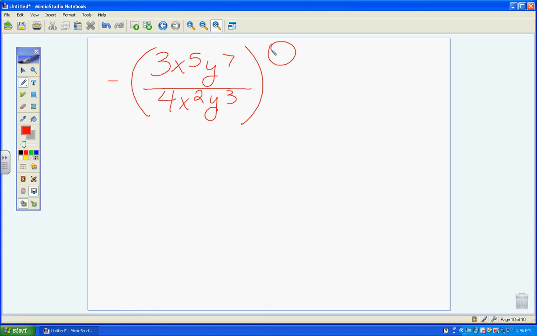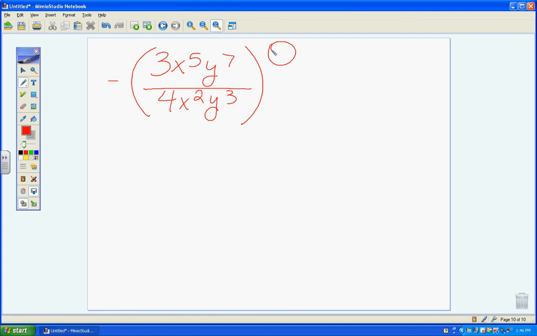What's the answer? You shouldn't even have to write this down. What does this tell me? Anything to the 0 power is 1. Nope.